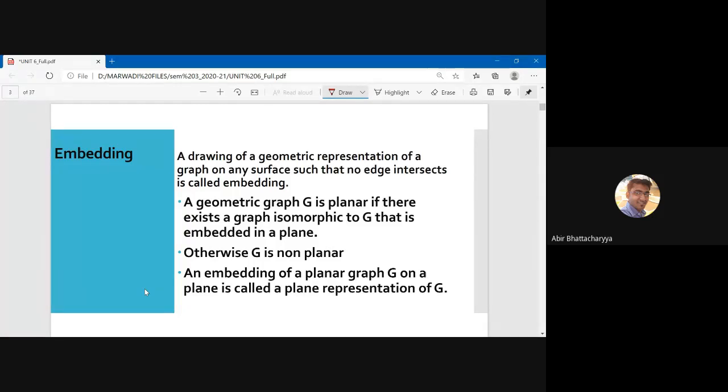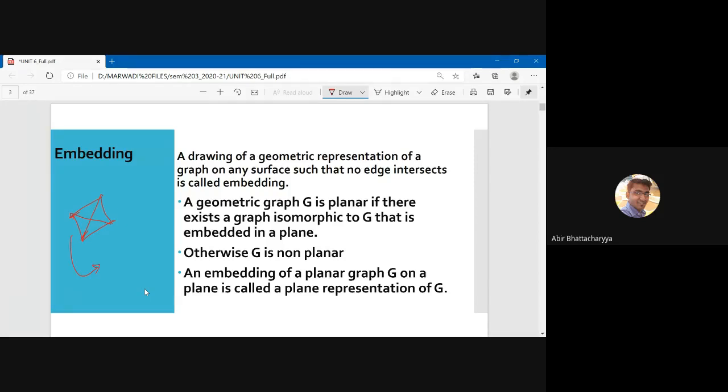That means whenever any graph is given to you, like this graph K4, if I want to find the embedding of this graph, I'm not sure whether this embedding is possible or not. So we will try to embed, every time we will try to embed.